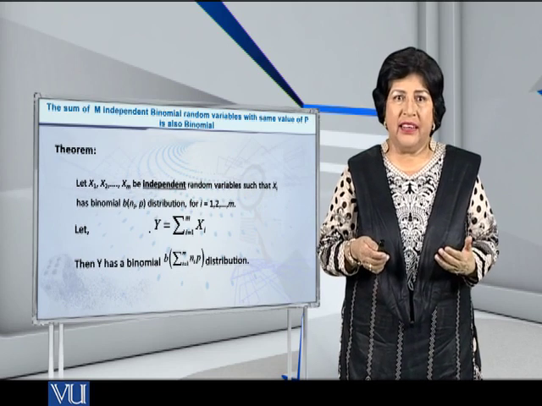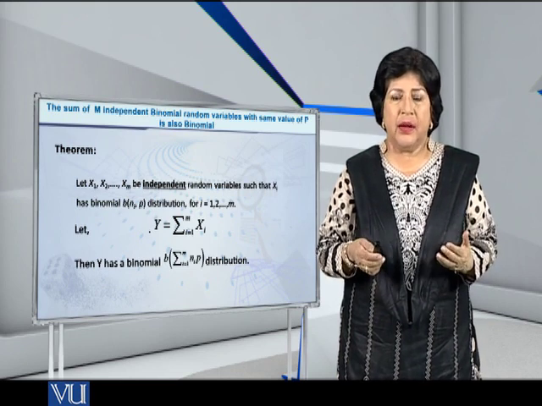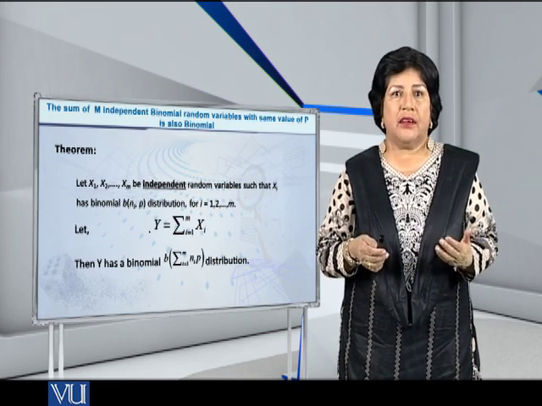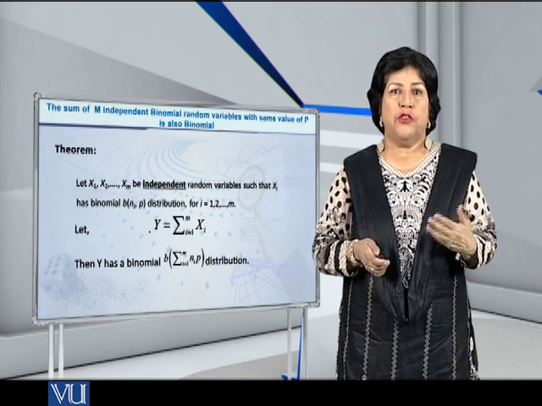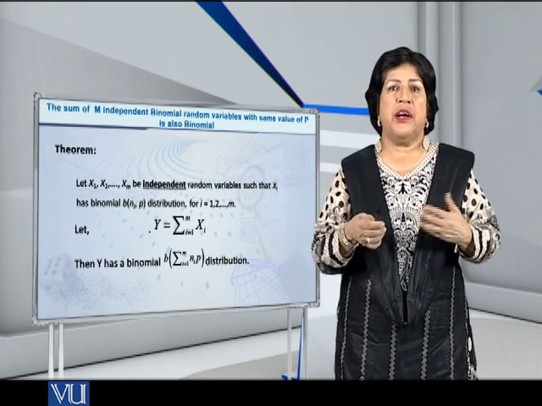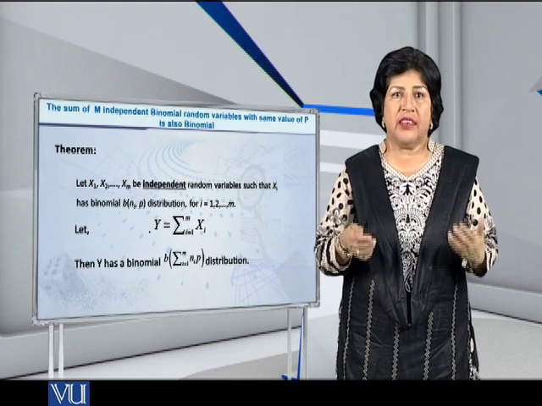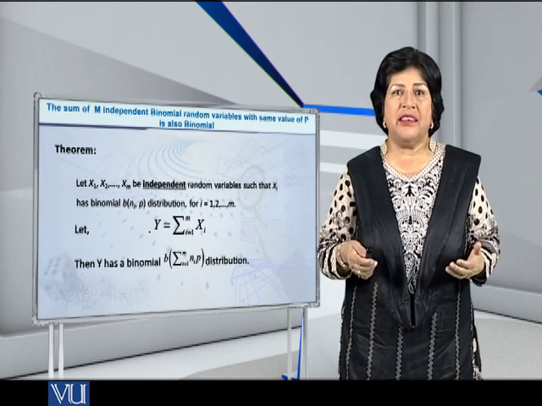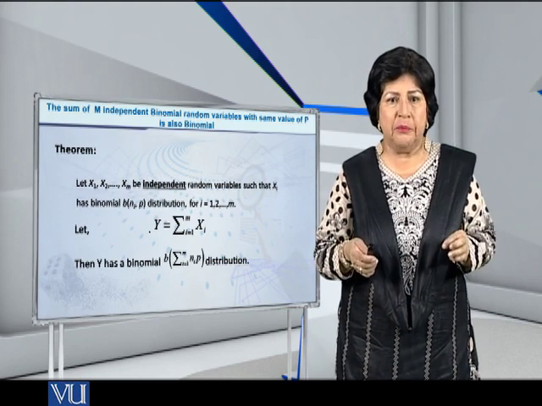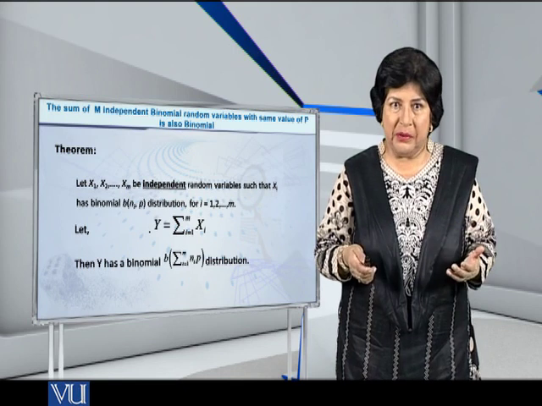Then Y has a binomial distribution given by B(summation ni where i goes from 1 to m, p). ये जो कुछ मैंने कहा, it is not as difficult as you might think. अगर हम इसको आसान लफ्जों में ये बात करना चाहें, तो हम ये कह सकते हैं कि the sum of m independent binomial random variables with the same value of p, this sum is also a binomial random variable.